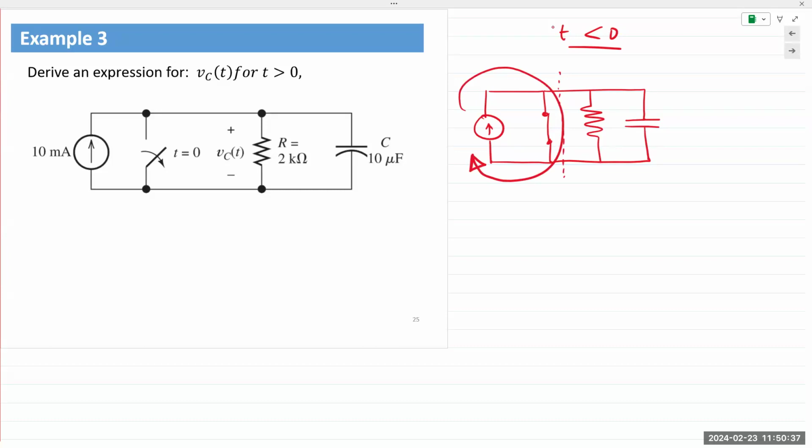So the capacitor is fully discharged, meaning the initial conditions imply that Vc at 0 minus is equal to 0 volts. Nothing is going through the resistor or the capacitor. Any charge the capacitor had previously is already discharged through that 2 kilo ohm resistor. That's all it is implying.